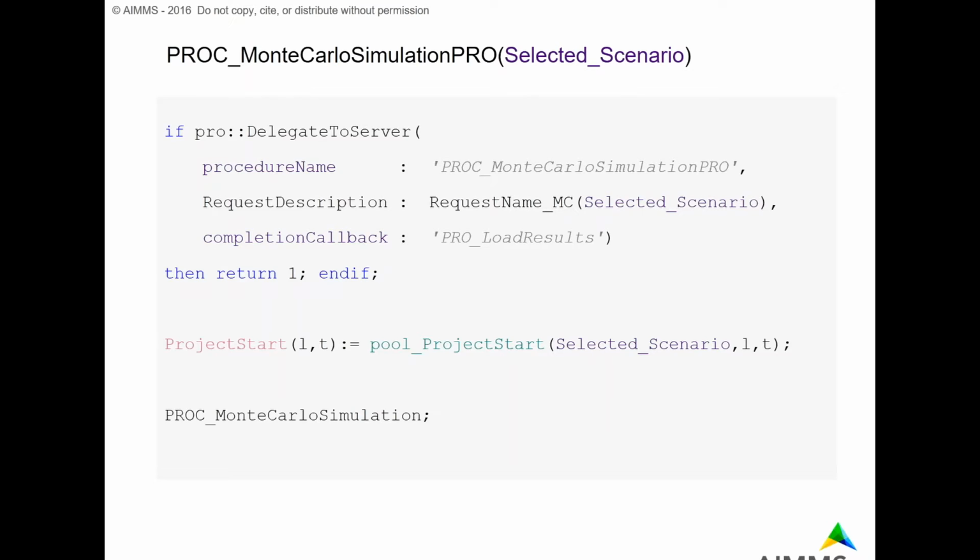To dispatch, we use the AIMMS PRO dedicated-to-server function to dispatch each run to a server. There's also a callback function that tells AIMMS what to do after each run is finished. By doing this, we're able to dispatch different sessions to the PRO server and run them. Before we run, we retrieve the solution from the solution pool, assign it back for the current selected solution, fix this solution, and then run the Monte Carlo simulation.